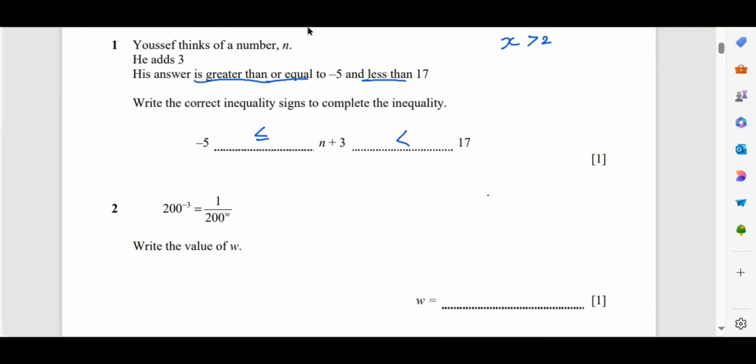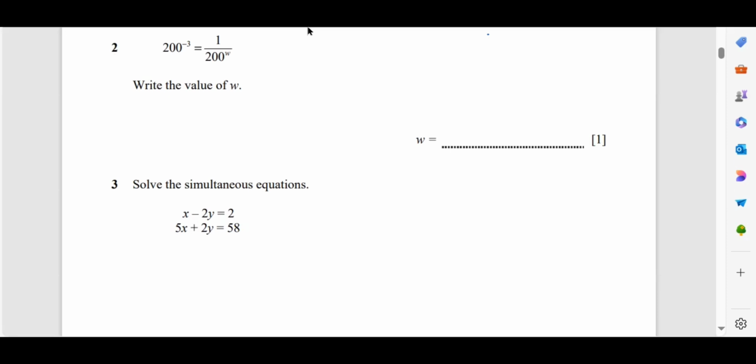Okay, so moving on to number 2, you are being tested on your knowledge of fractional indexes. What does that mean? If you have 1 over a^n, which is equal to a^-n, this is what we are being tested on.